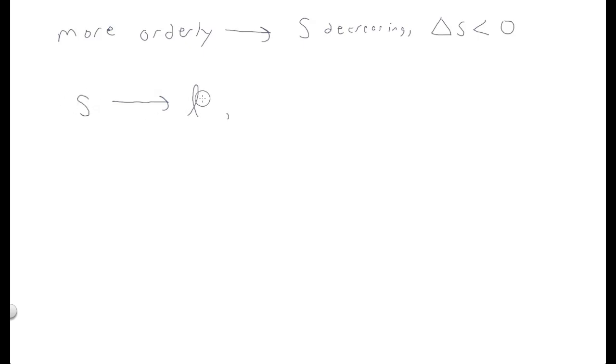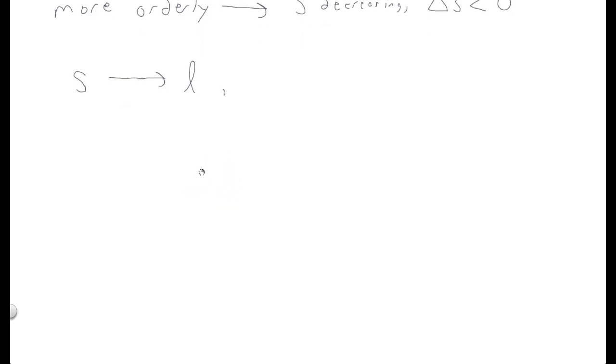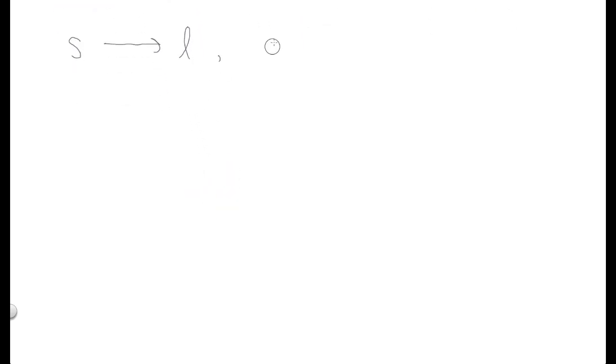That's right, a liquid is more disorderly than a solid, because in a solid, all the molecules are stuck in place, and in a liquid, they can move around. So S is increasing and the change of S is positive. Great, that was a good answer.